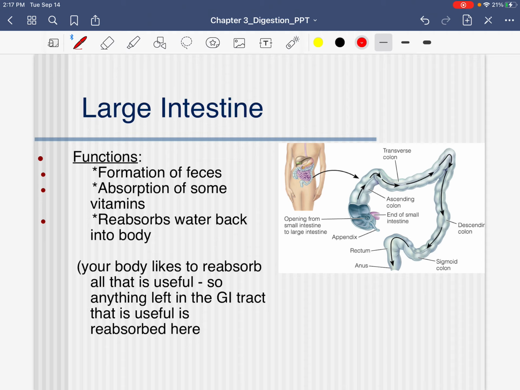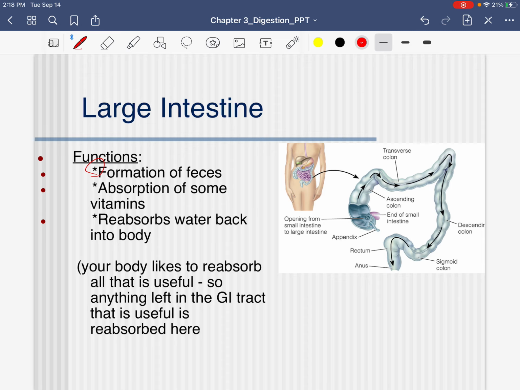What I would like you to know are the functions. So the important functions that we're going to talk about of the large intestine: to form poop. As I said, the small intestine is where we absorb all those good nutrients into the blood. So by the time we get to the large intestine, what's left? Waste and things that are undigestible. And most of that waste and undigestible stuff we're going to excrete as poop.